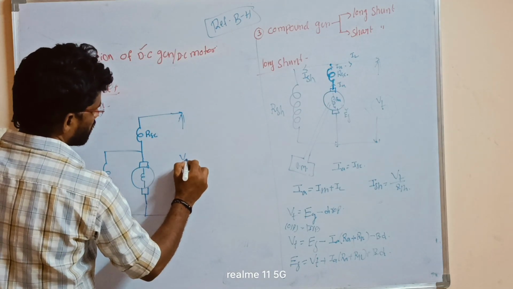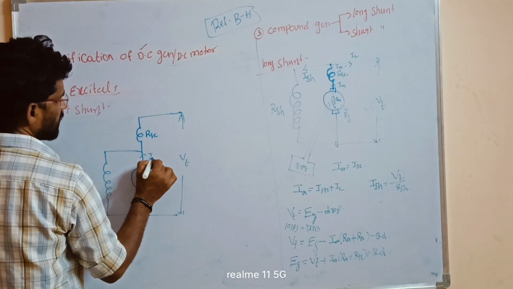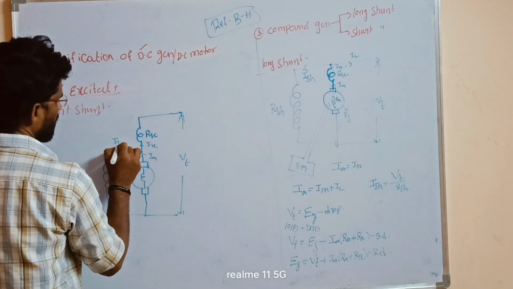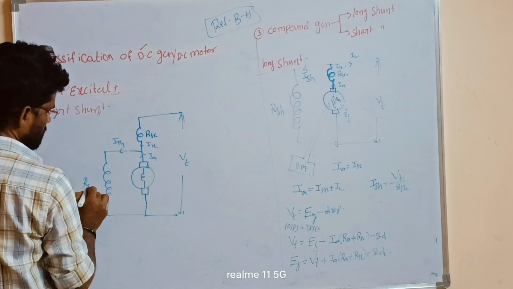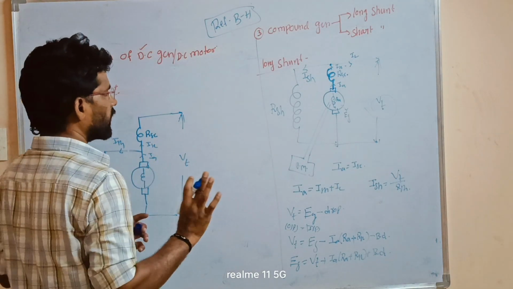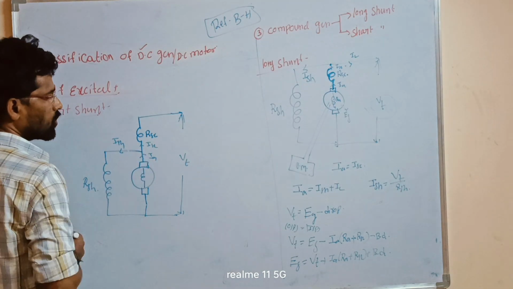Again we go to the terminal voltage VT. Here the current is IA, here the current is ISC, here the current is ISH, and this is RSH. Here RSC and RA are both different. From this we can find these are the node points.